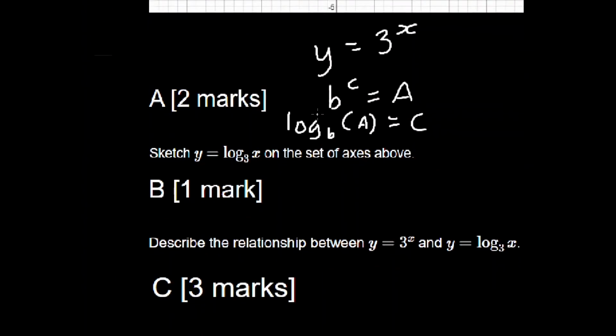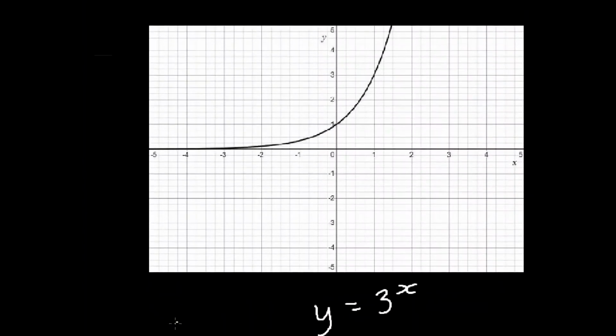First of all, I'll move across to the side so we've got a little bit more room. And if we've got log base 3 of 0, what does that mean?